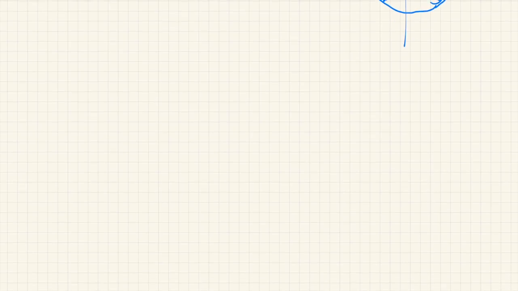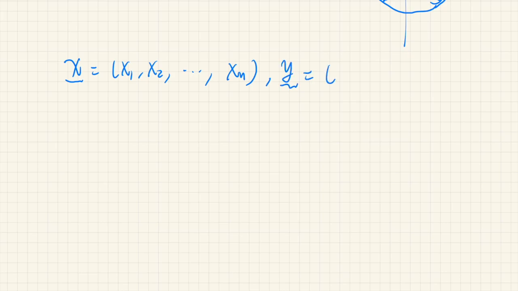Next, we define a product between two vectors. It's a kind of product, but it's not a product between two vectors that produces another vector; it produces a scalar. So let's say we have two vectors, x, that is x1, x2, and so on up to xn in n dimensions, and y, y1, y2, and so on up to yn.